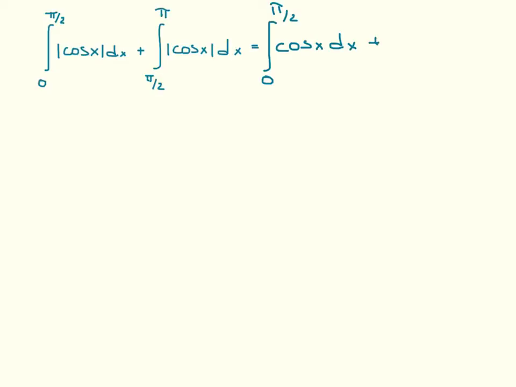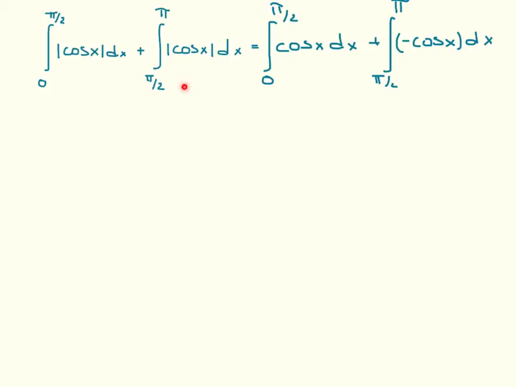Now from pi over 2 to pi, since cosine is underneath the x-axis, since it's negative, what the absolute value function does is put another minus sign in front. So you get a double negative, making it positive. So you get negative cosine of x from pi over 2 to pi. And now these two definite integrals added together are the same as the integral that we started with.